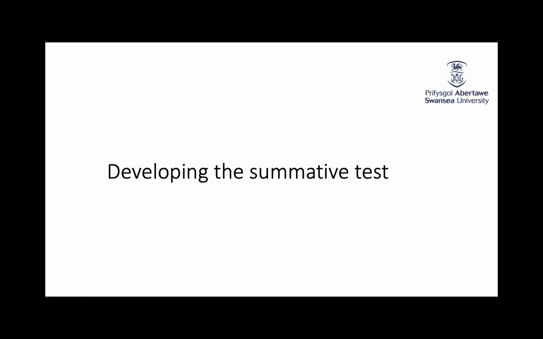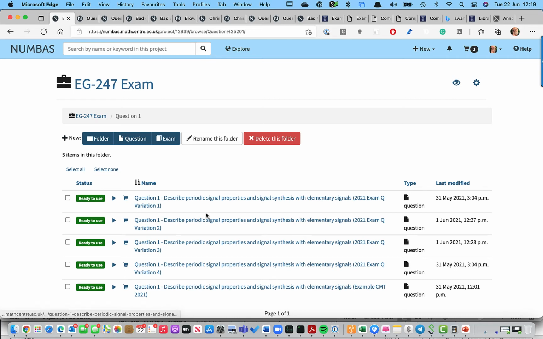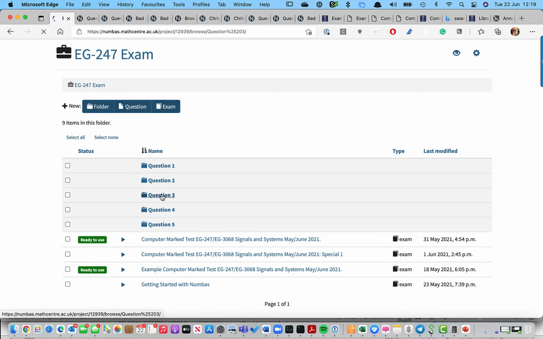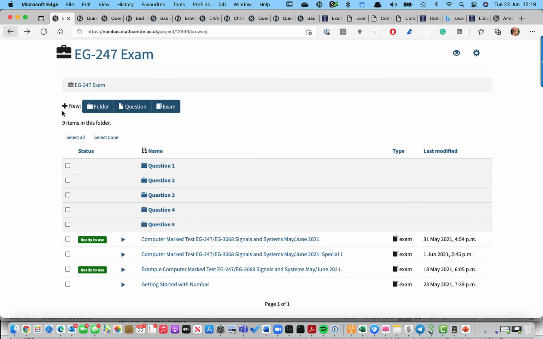From that I went on to develop the summative test, which was basically based on those initial questions, with variations of them. I had a number of variations for each of the questions 1 to 5, and they were chosen at random in the setup.